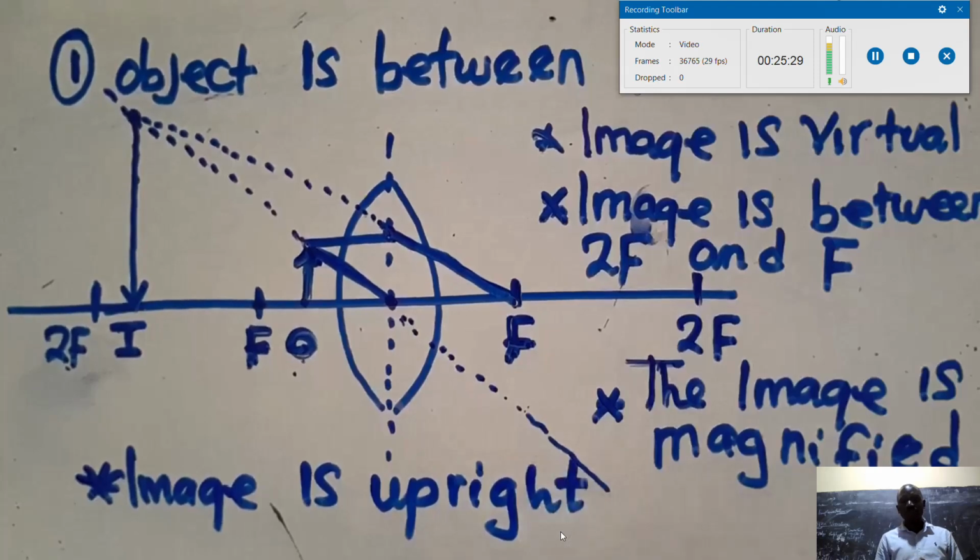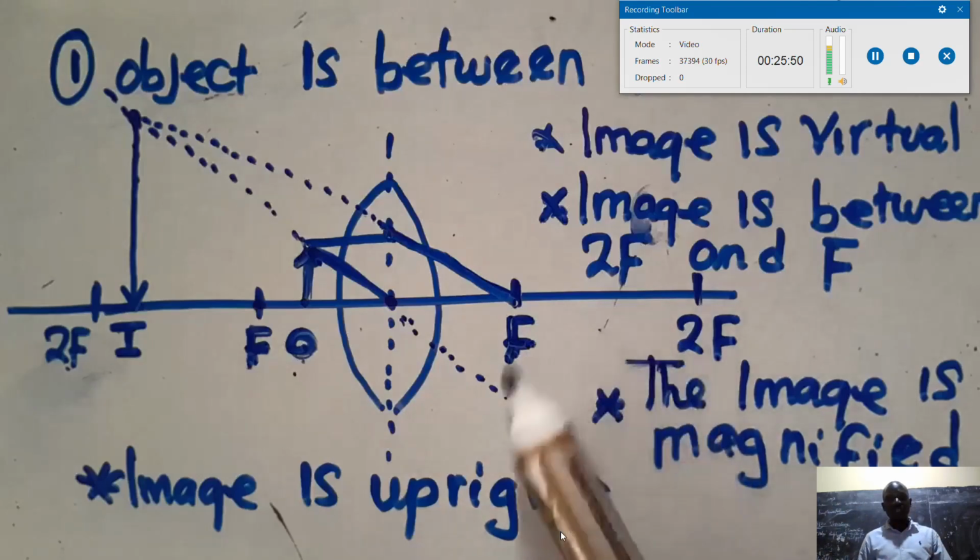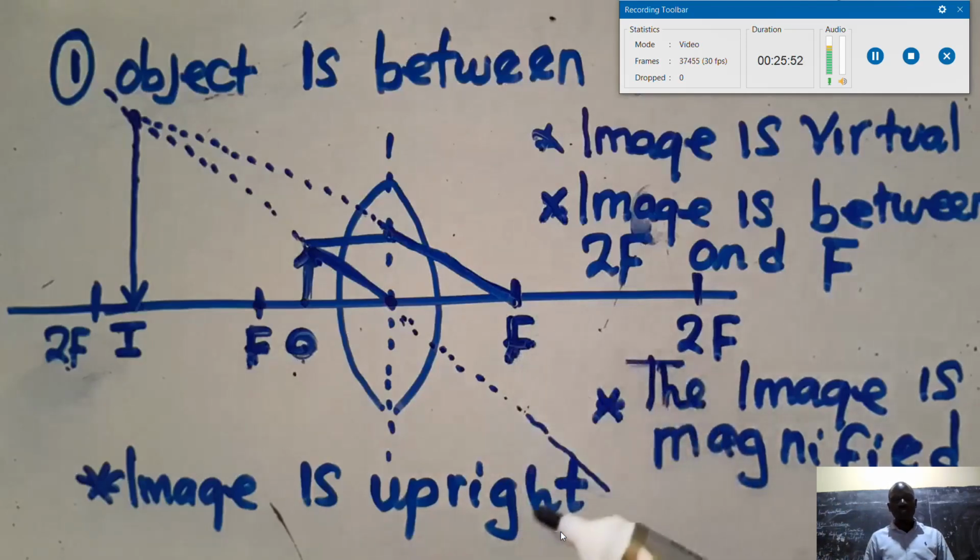And another property which we can talk about here is that this image is upright, or some people say it is erect. It is standing upright, facing upwards, not facing downwards. So we shall also look at some cases where the image is going to face upside down, and we shall describe that with the opposite of the word upright, which is inverted.